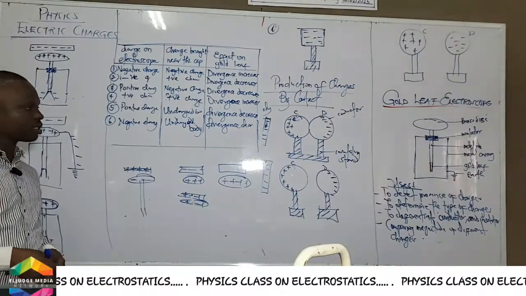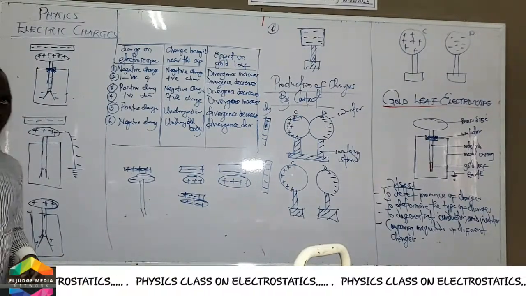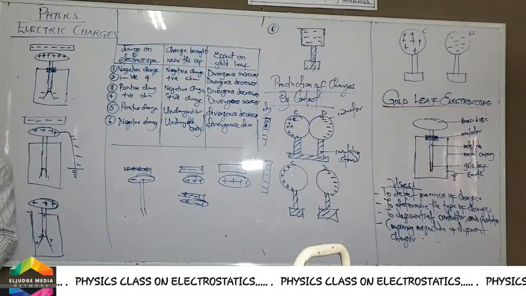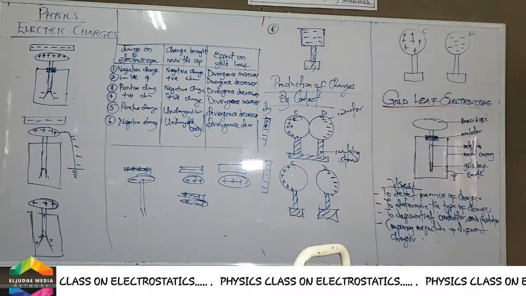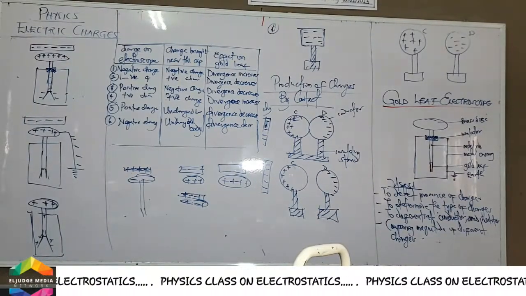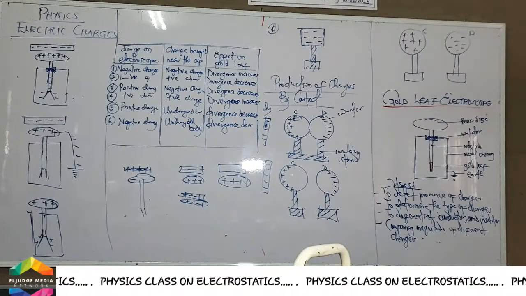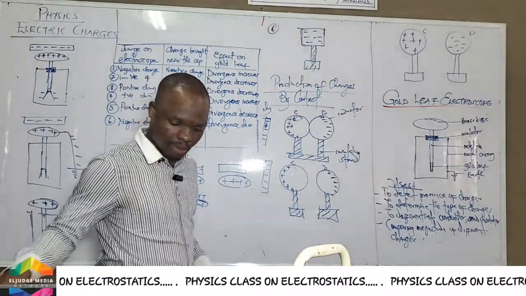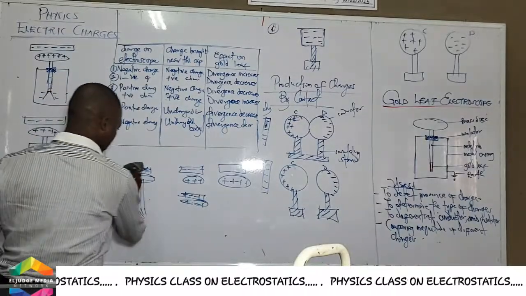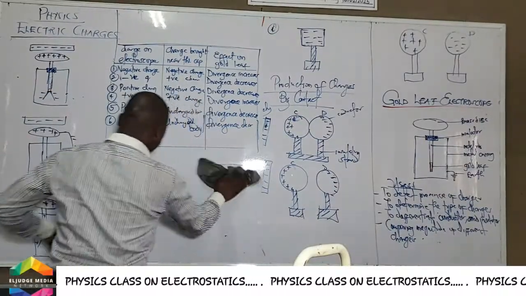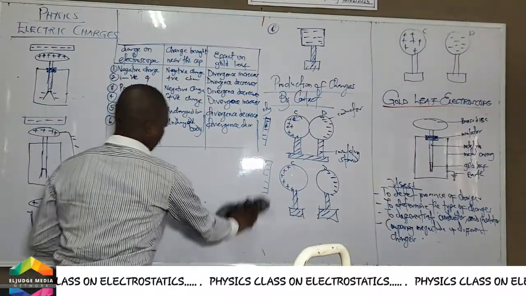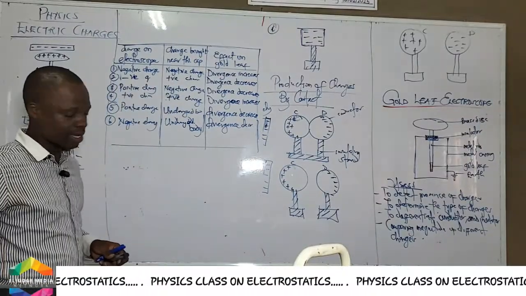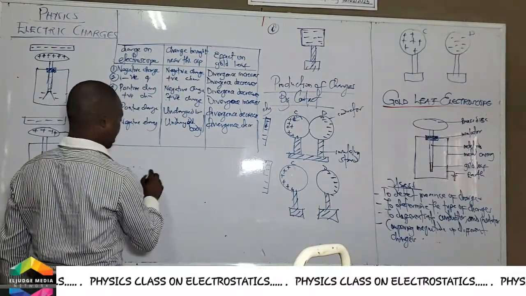So then you must also know, okay, I think in the next class I'll be telling us about distribution of charges. But let me just give you a brief understanding.